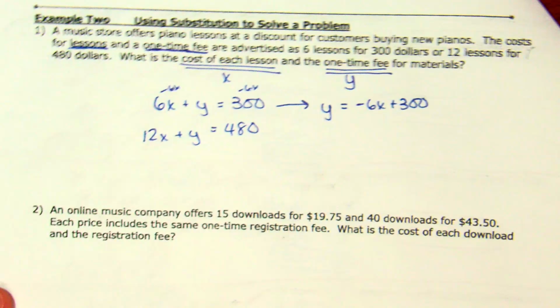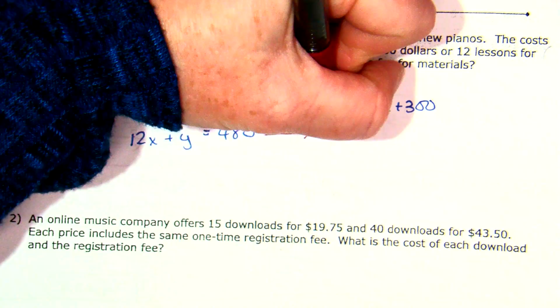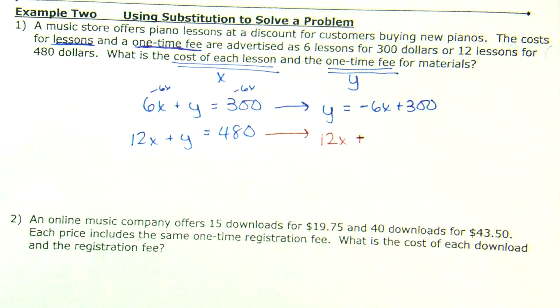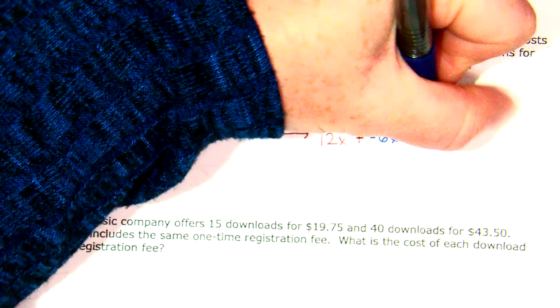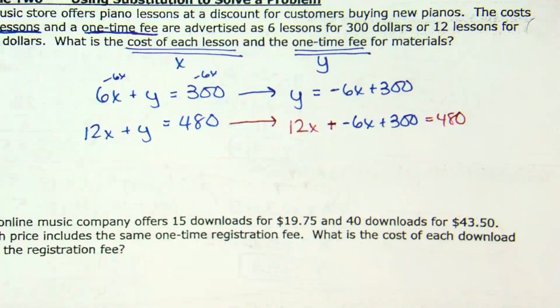So, in my other equation, every place I see a y, we're going to write that. So, 12x plus, what's my y? Negative 6x plus 300, and this is going to equal 480. Do the math. What's first here? Combine like terms.